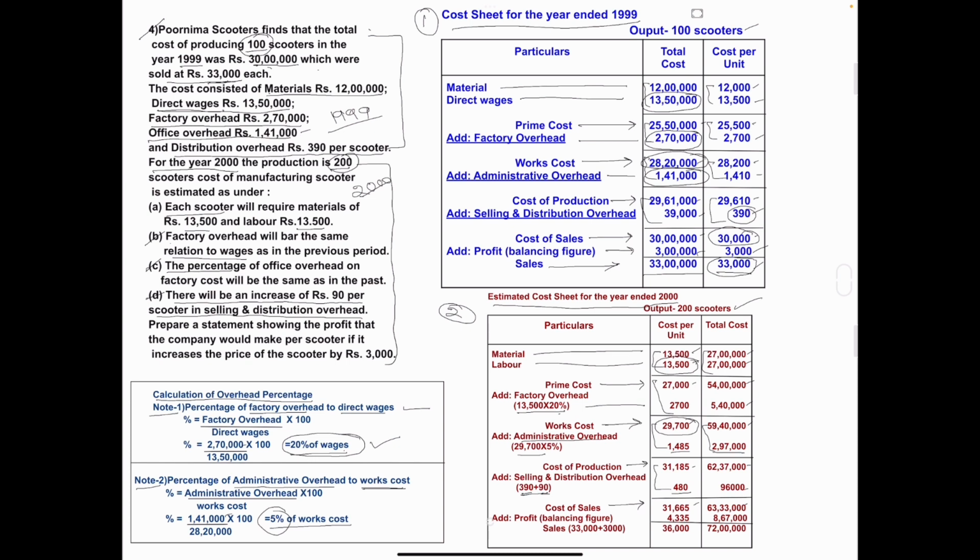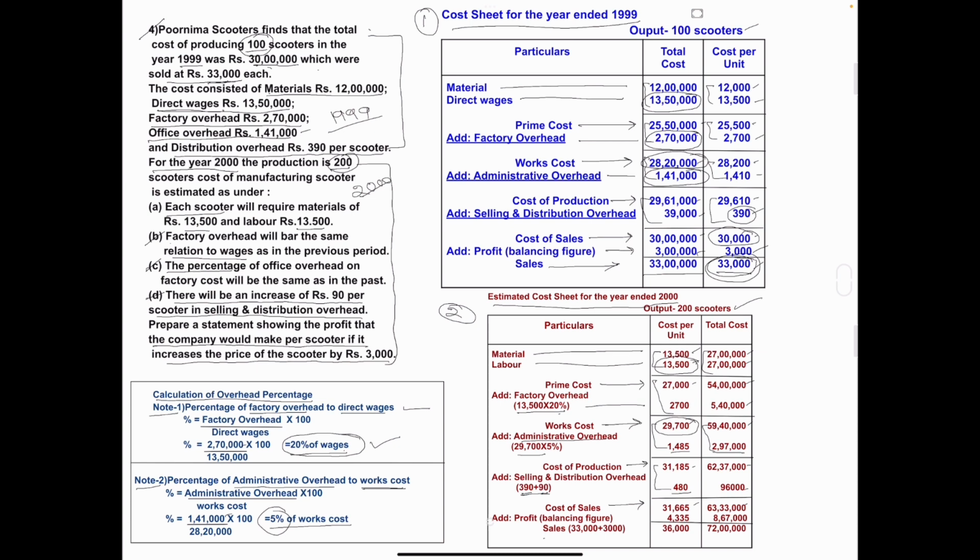Read the last sentence. The company would make per scooter if it increases the price of the scooter by rupees 3000. So whatever the selling amount of the scooter is, in the year 2000 it is increased by 3000. See the sales amount of last year, 1999: per scooter was sold for rupees 33,000. But this year, in the year 2000, they have increased the selling price by 3000 rupees.